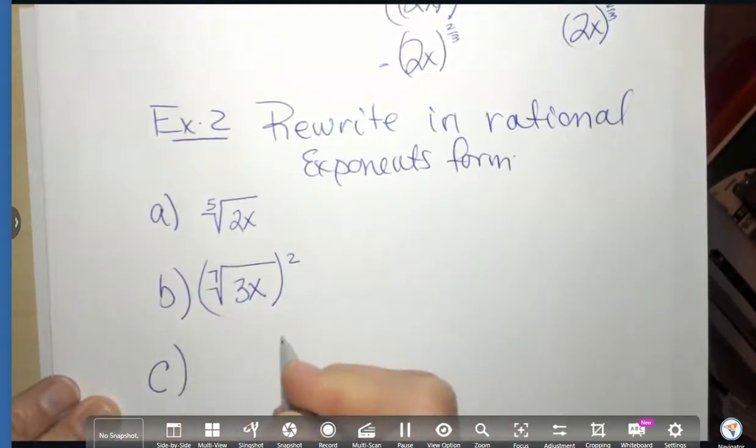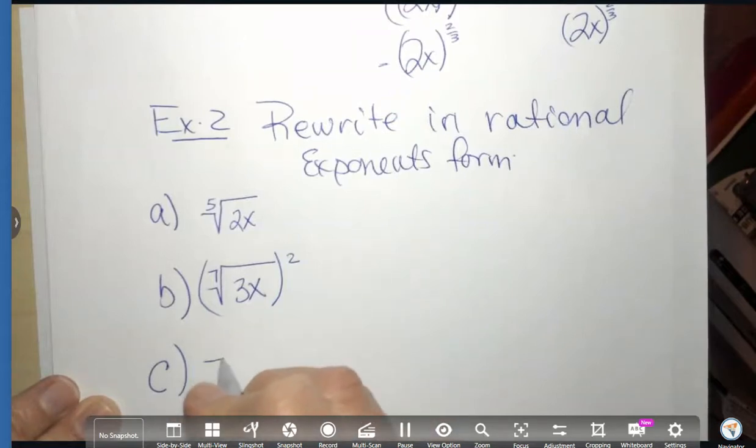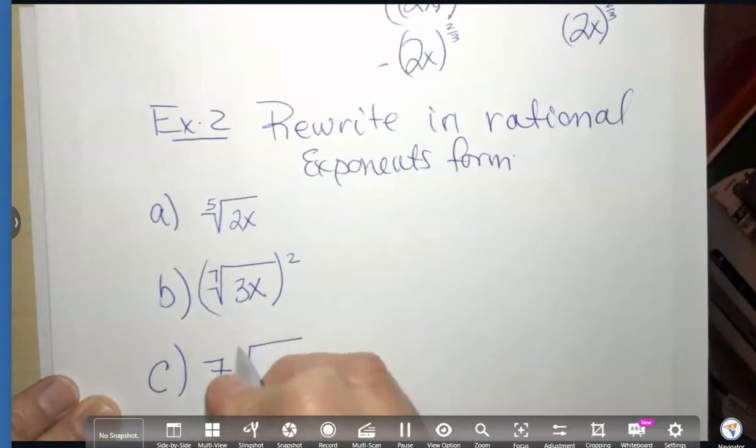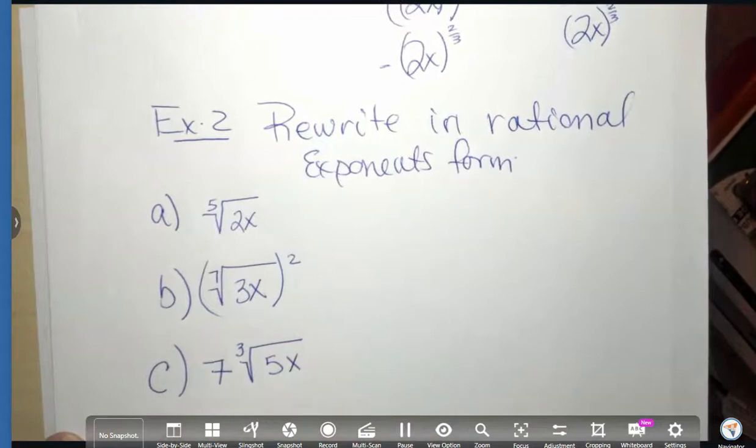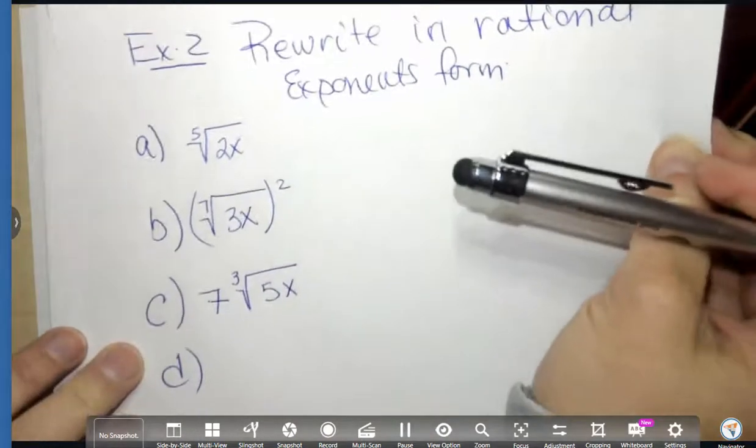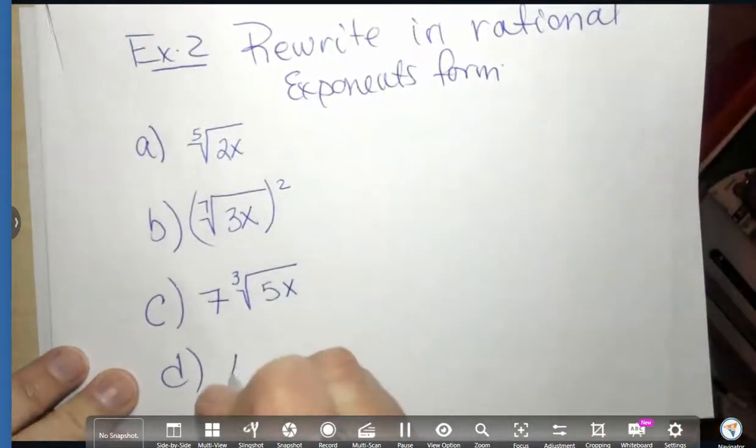And then we're going to do 7 times the 3rd root of 5x.